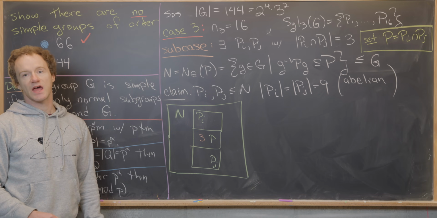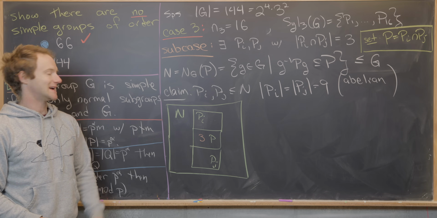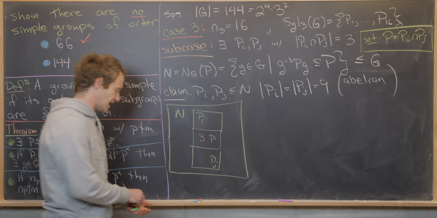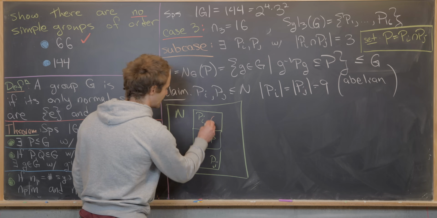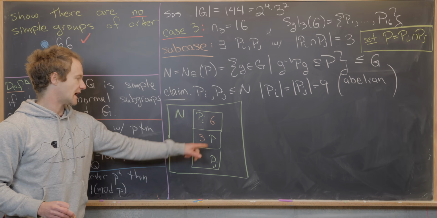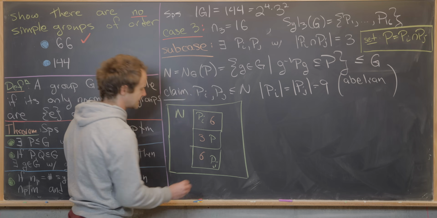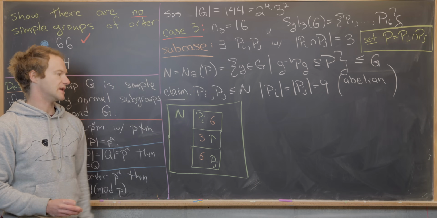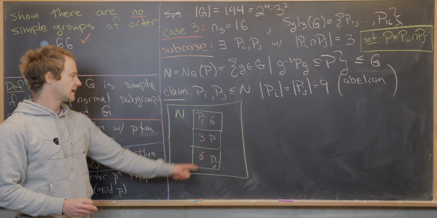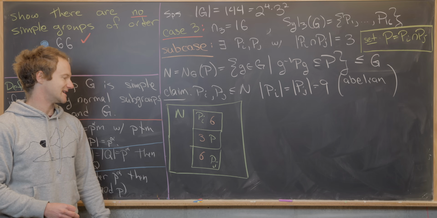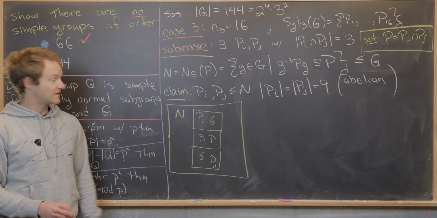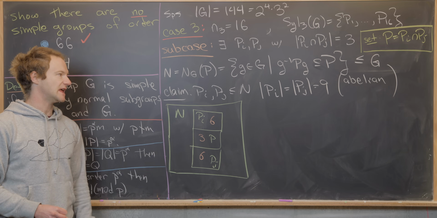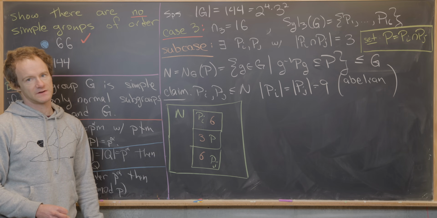Pi and Pj both have 9 total elements, so that means that there are 6 left over here that are in Pi but not P, and then 6 left over here that are in Pj but not P. But now looking at this, 6 plus 3 plus 6 is, let's see, it's 15, so that means the order of N must be bigger than or equal to 15.